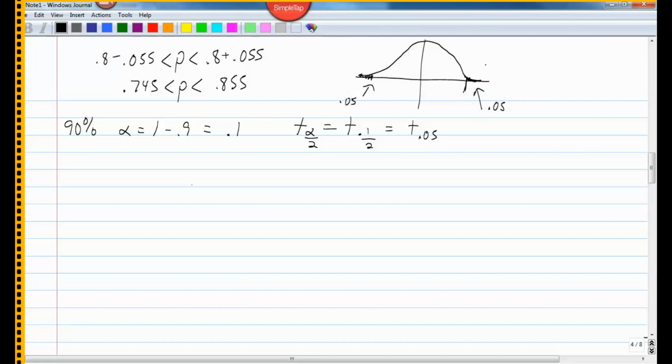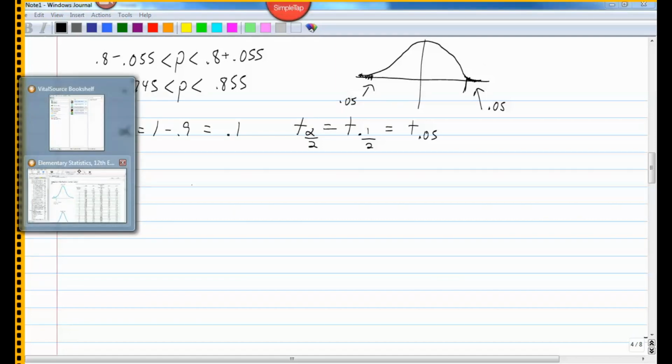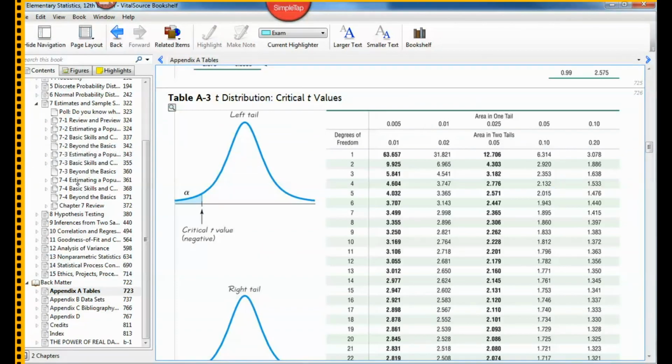Now we need to go to the t distribution chart, which is located right after the z distribution chart. With this chart, we have area in two tails or area in one tail. You can see the area in one tail is 0.05, area in two tails is 0.10. That's just doubling.